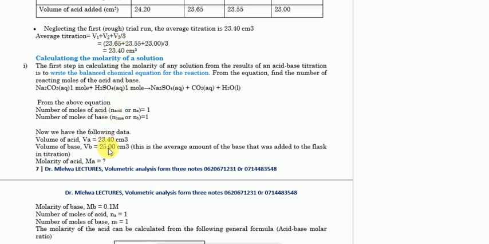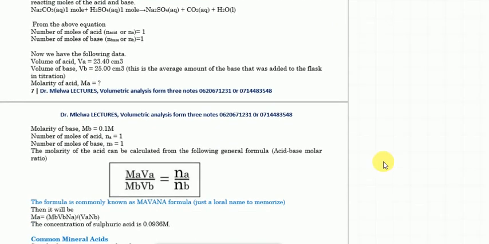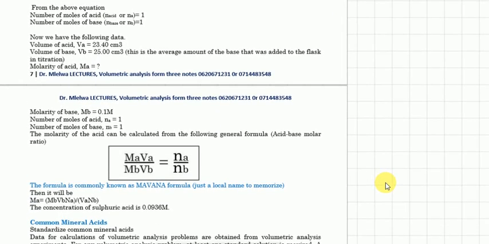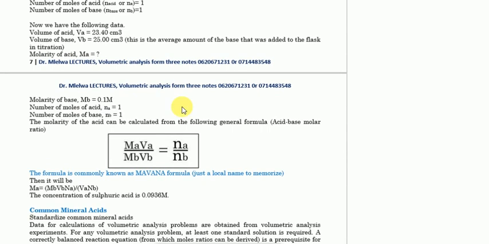Then molarity of base, because the base was the standard solution, molarity of base is known. How can we calculate molarity of acid now? Molarity of base is 0.1. But molarity of acid is not known. So if the molarity of base is known and molarity of acid is not known, we are using a formula we call the acid base molar ratio.